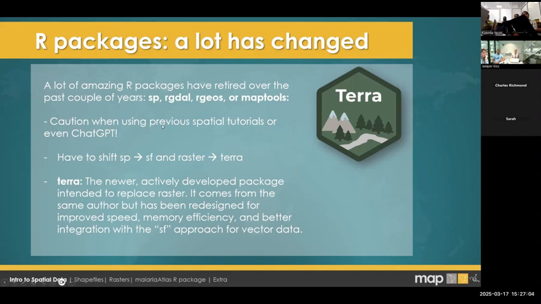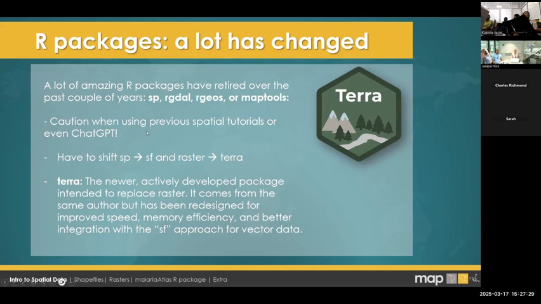So I just wanted to give a shout out that when it comes to sp, rgdal, rgeos, and maptools, you might get errors and dependencies. It's because these R packages have been retired, so they have been archived. You can still access them, but no one is maintaining them. No one is looking after that GitHub repo where they live.